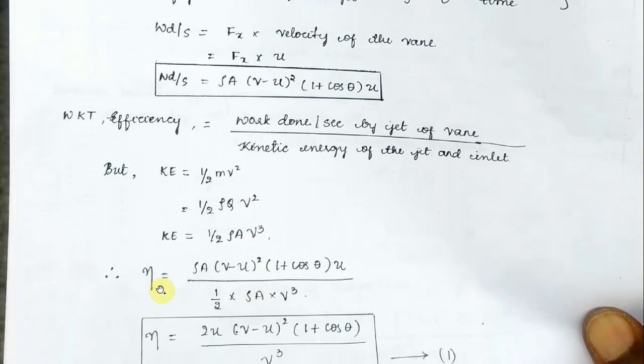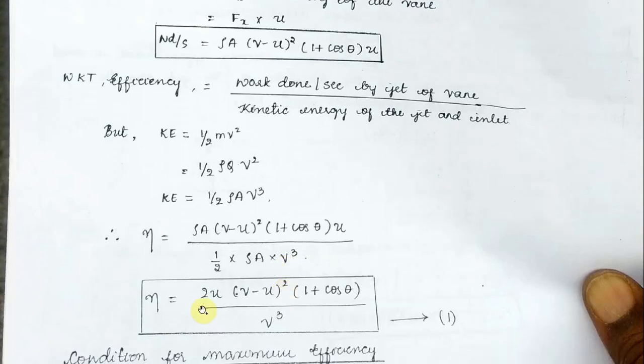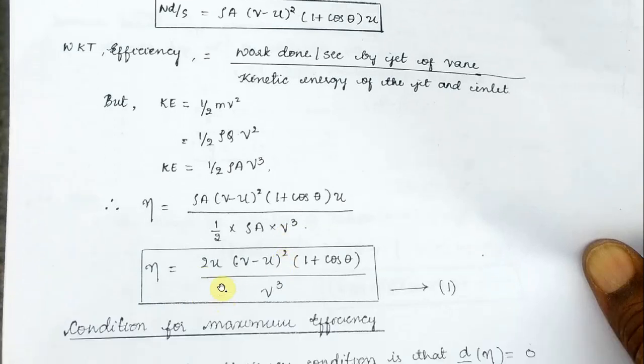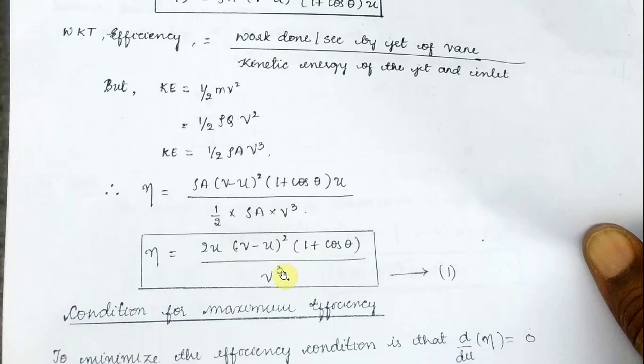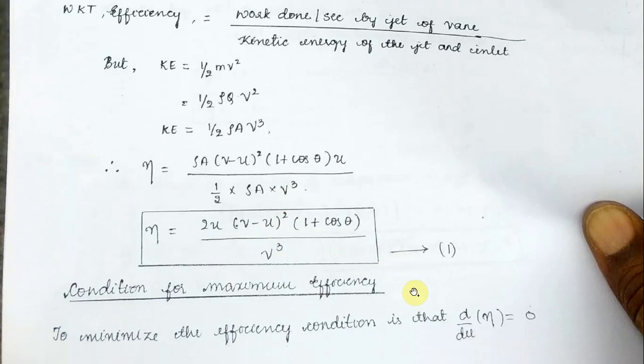Therefore efficiency eta = rho A (V minus U) whole squared (1 plus cos theta) U divided by half rho A V cubed. So eta = 2U (V minus U) whole squared (1 plus cos theta) divided by V cubed. We call this equation number 1.